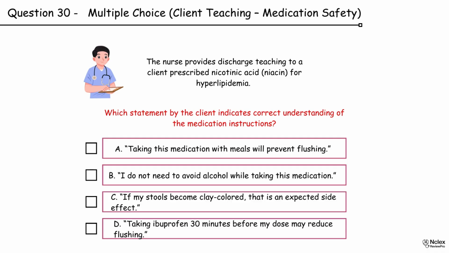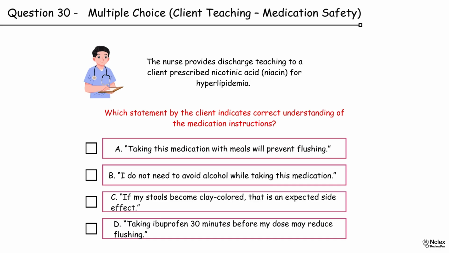B. I do not need to avoid alcohol while taking this medication. C. If my stools become clay-colored, that is an expected side effect. D. Taking ibuprofen 30 minutes before my dose may reduce flushing. Take a moment, think about the common side effects of niacin. Pause here if needed.